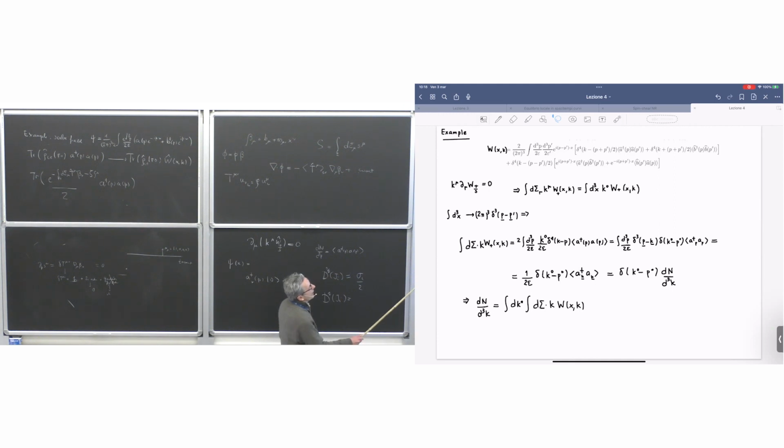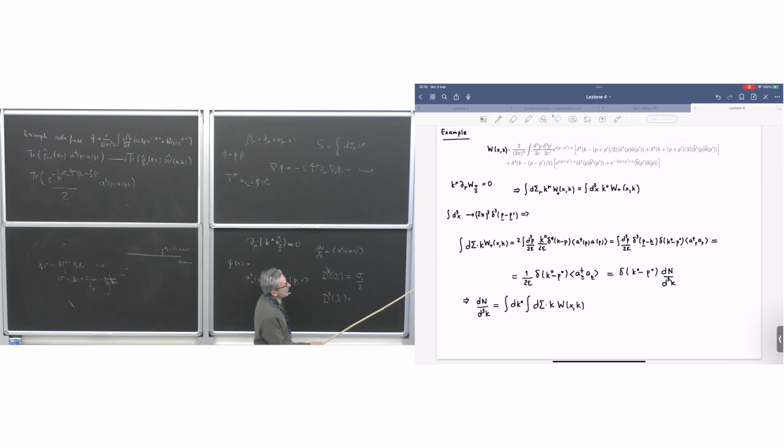If you integrate d3x this expression, you can see that you have the exponential of (p minus p prime) x. So if you integrate in d3x, what you get is (2 pi)^3 delta3(p minus p prime), right? Because you have an integral of one exponential. Therefore, this means that p and p prime coincide, and then one integration in one of these two is trivial. If p equals p prime, that means that p plus p prime is equal to 2p, and then you are left with delta4(k minus p).